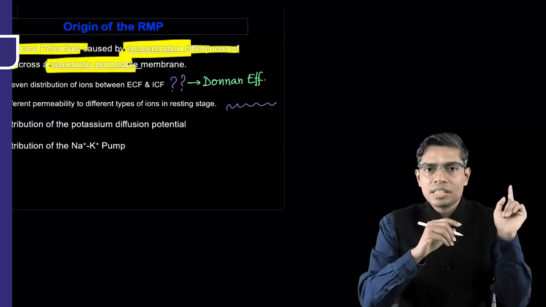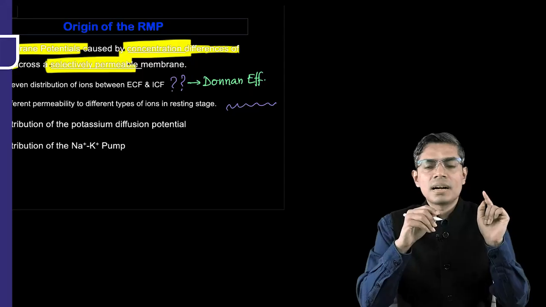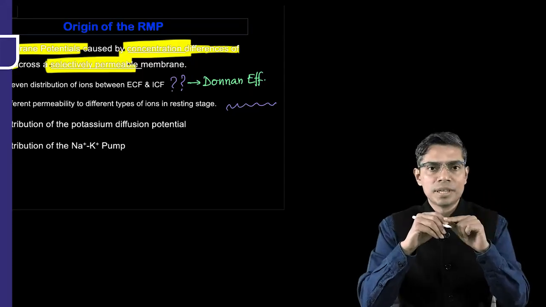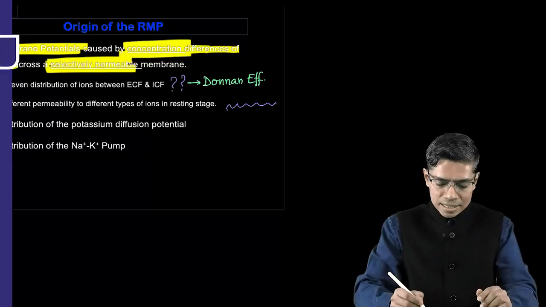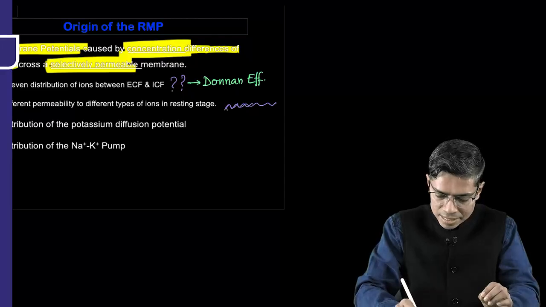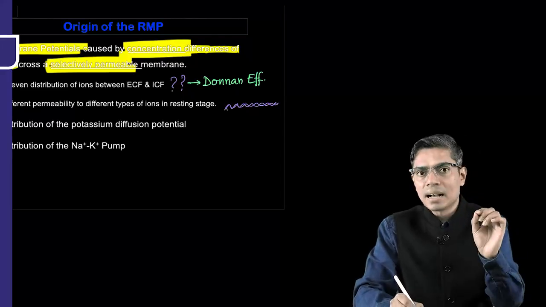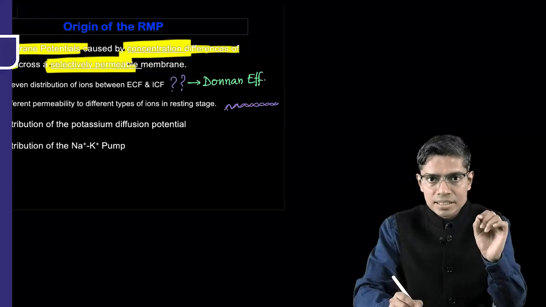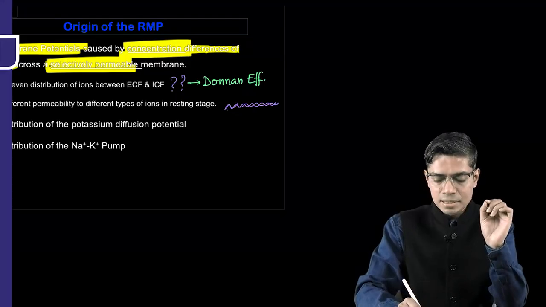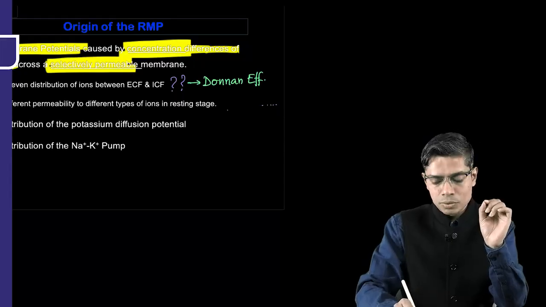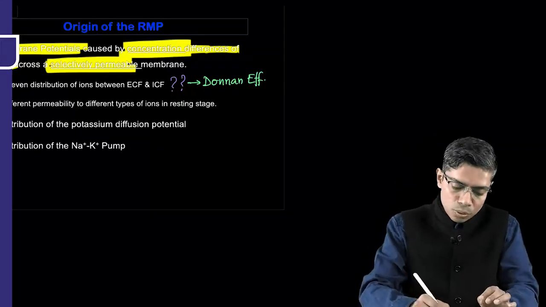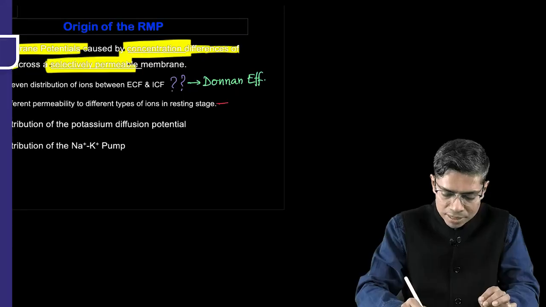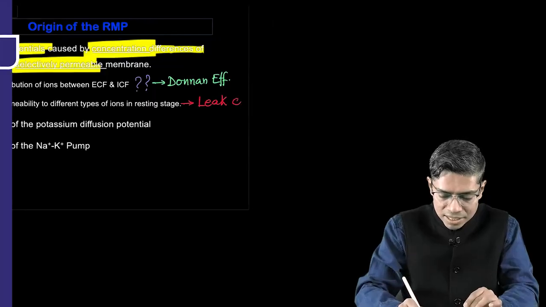If you recall my general physiology lecture, I told you the ions are generally impermeable through the cell membrane. You require certain channels. So if I am saying that the cell membrane is selectively permeable for certain ions even in resting condition, that means certain channels are there which are open even during resting condition of the cell, and those kind of channels are known as leak channels.